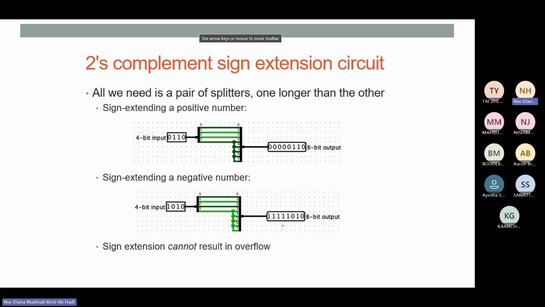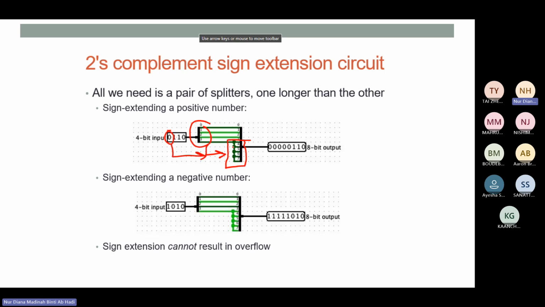So this is the extension circuit. How does it look like? It's just that you extend the value based on the most significant bit of the original value. So this is the original value. When you have an extension for 8-bit, you just add another 4 bits that follow the most significant bit here.